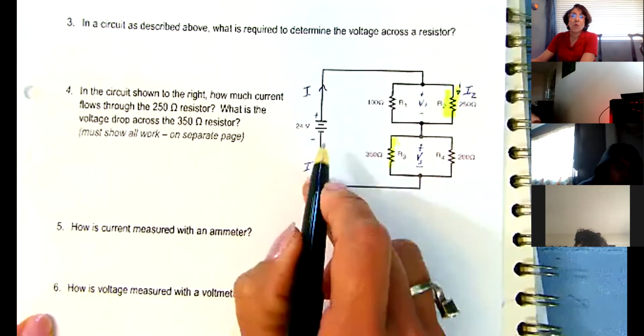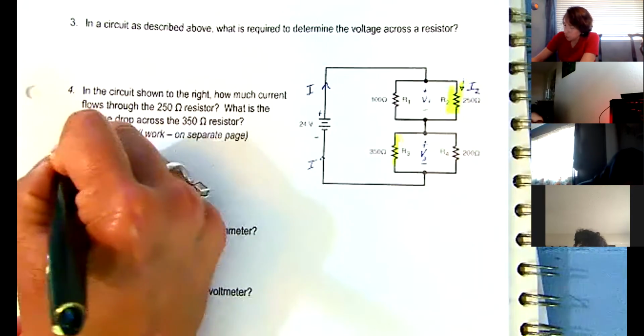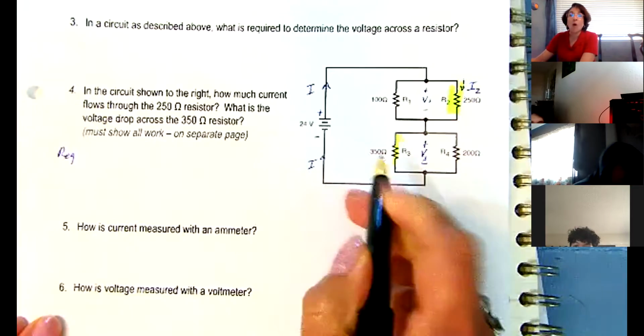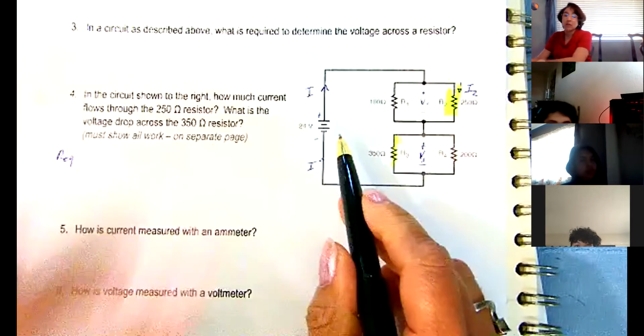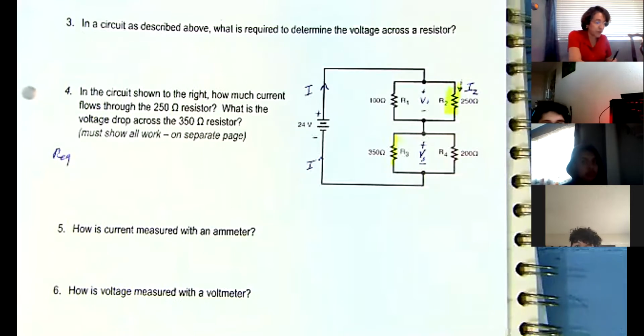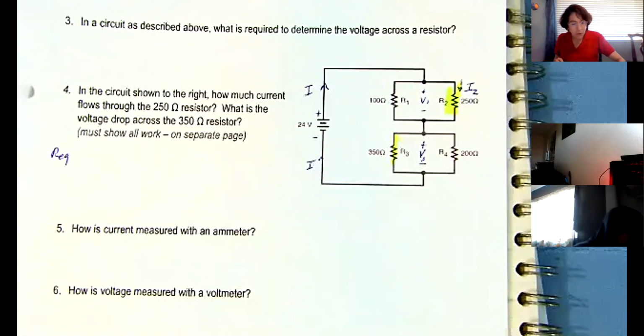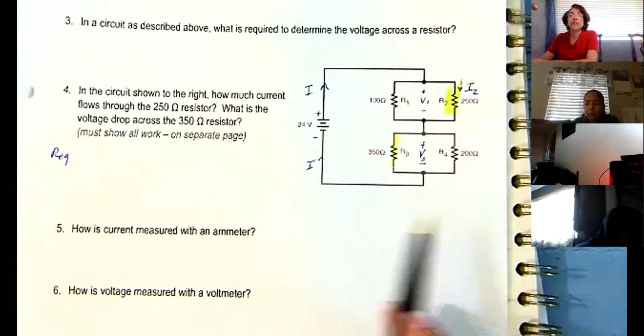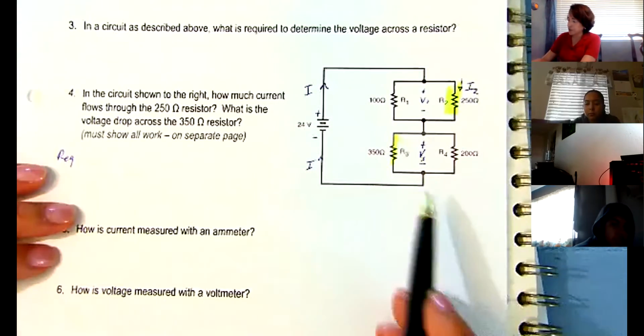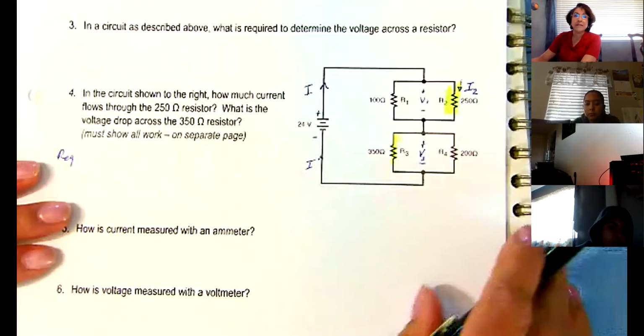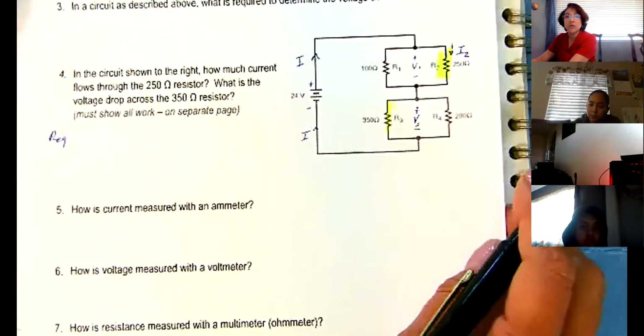So I need to know the total equivalent resistance of the whole thing. What does this battery see? It only sees one resistor, the equivalent resistance. So I need to figure out what I really have here. Fernando, what do you see in the connection of this circuit? Parallel or series?